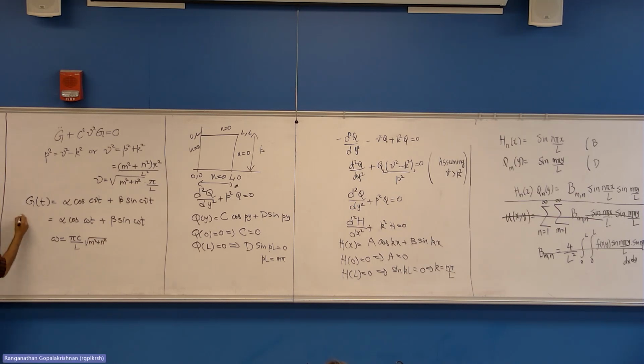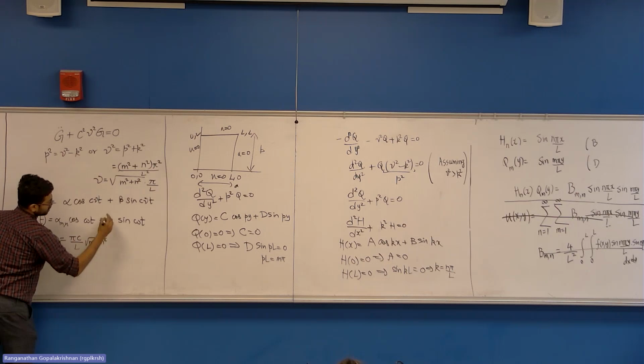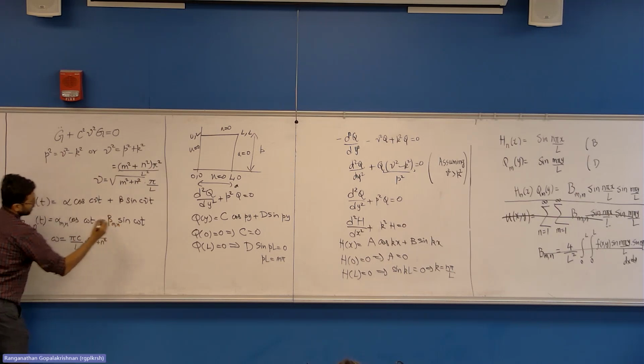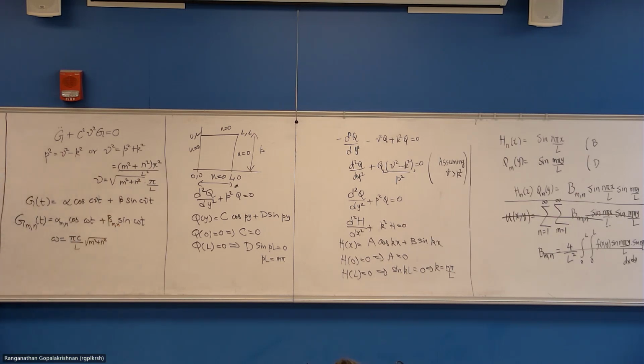That is g, to which we'll now add the subscript m comma n. This is alpha m comma n, this is beta m comma n. You want to remember this omega is also a function of m and n.